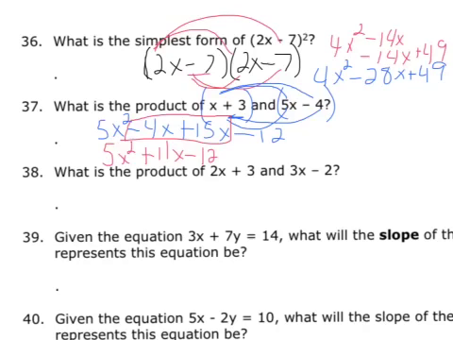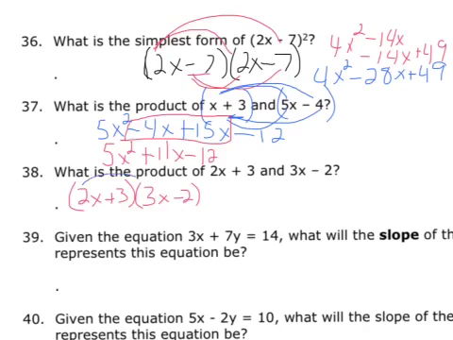38. What is the product of 2x plus 3 and 3x minus 2? We are going to distribute this binomial, so these two terms, times this binomial, or times those two terms.